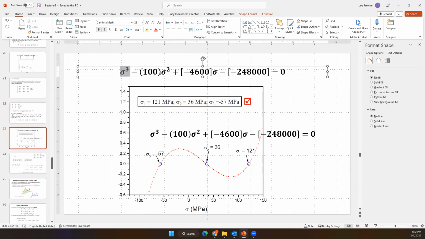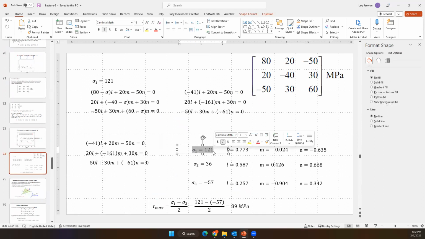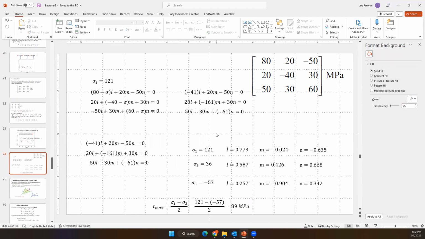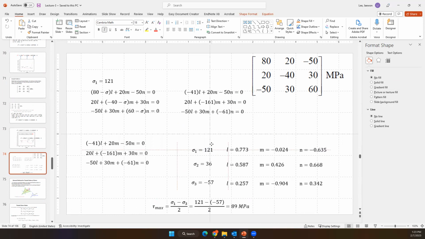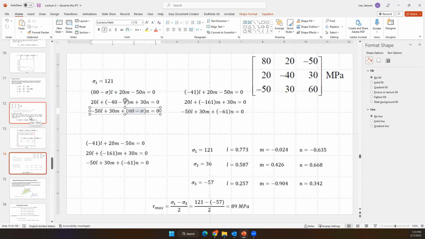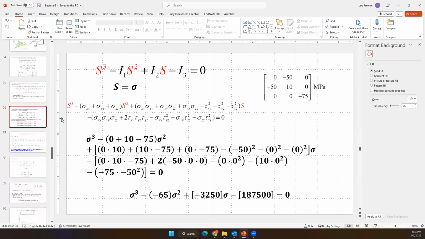We have this normal stress data. At that time, we have normal stress 1, normal stress 2, normal stress 3. Each normal stress has an L, M, N. It is directly related to the three equations based on this relation.